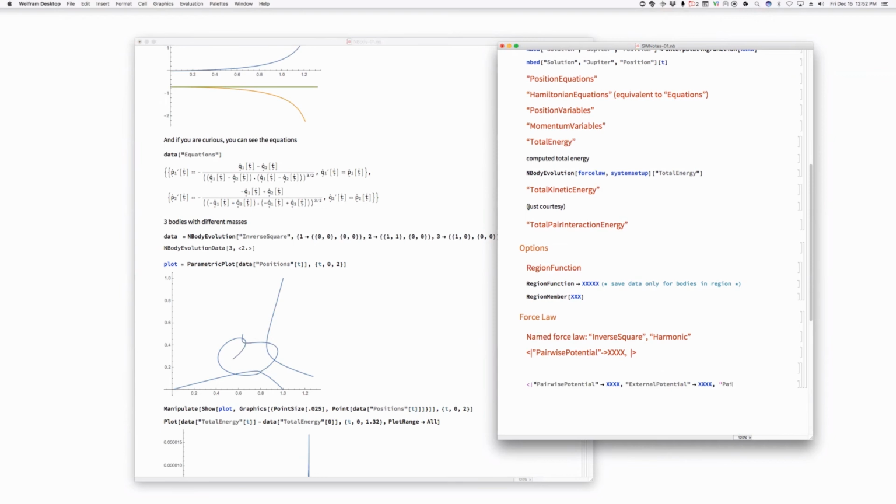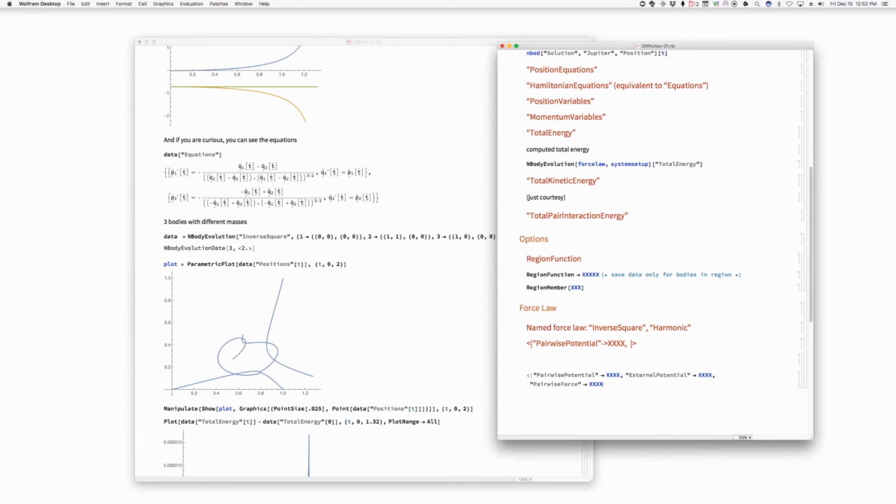So we have pairwise force. Is that correct? Yep. And these things can either be named or they're pure functions. Is that correct? Does a pairwise potential depend only on the difference of positions, or does it depend on the absolute positions? It depends on the difference of positions.